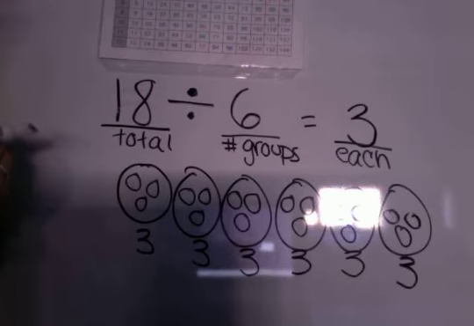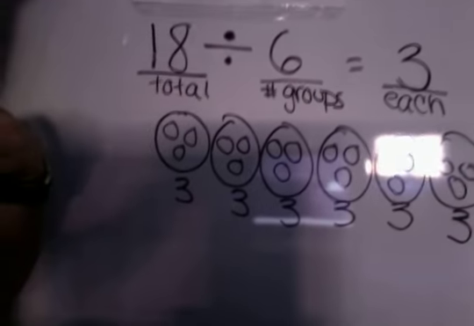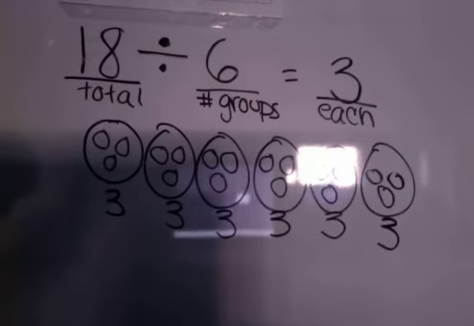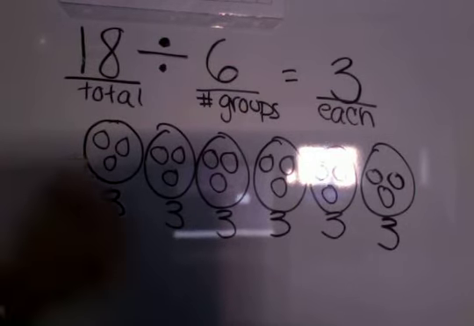But now, last week, we also remember that we were relating all of our division to multiplication. So now I want to think about this model that I've drawn and what my multiplication sentence for that would be. So how many groups do we have? 6.